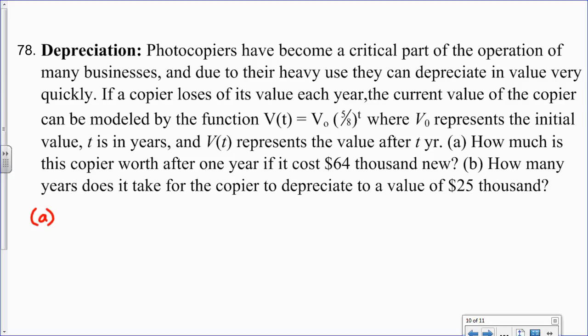So part A, how much is this copier worth after 1 year? So we're going to put 1 year. You're going to plug that in for T. If it costs 64,000 new, so we're going to put 64,000.